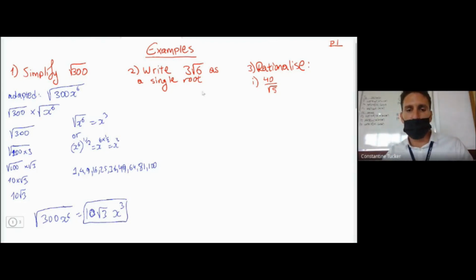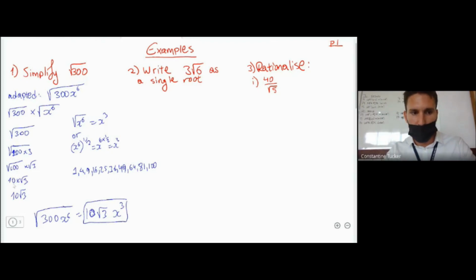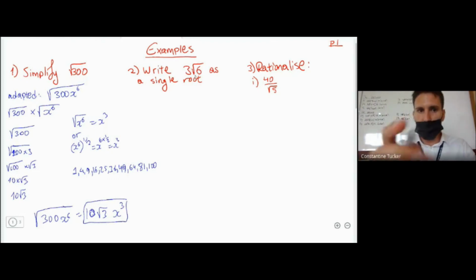Let's move on to the next one, which is actually the backwards approach. So imagine what could have been the original root, which led to 3 times root 6. Well, we have to go backwards, because basically think about it this way. We had a root, then we split it into a root times another root, and that gave us 3 times root 6 in this case.